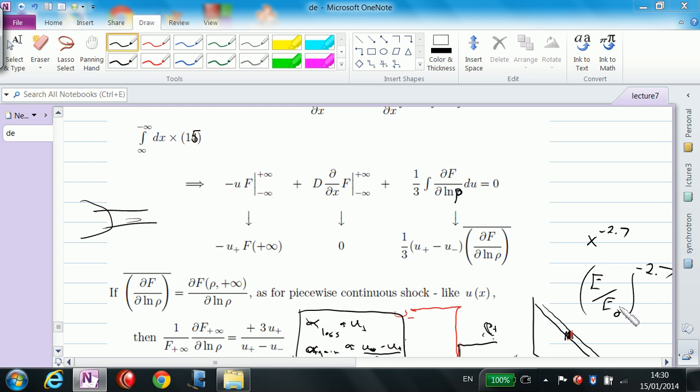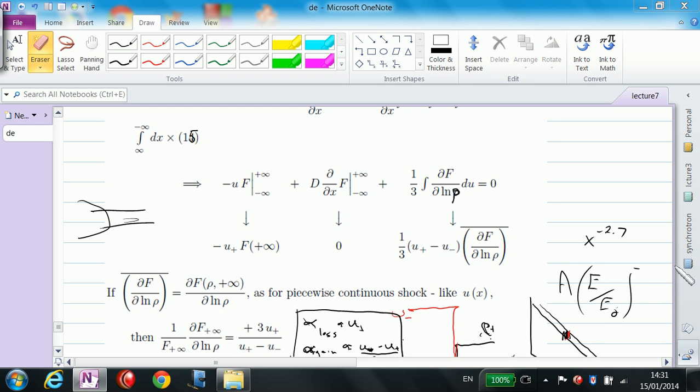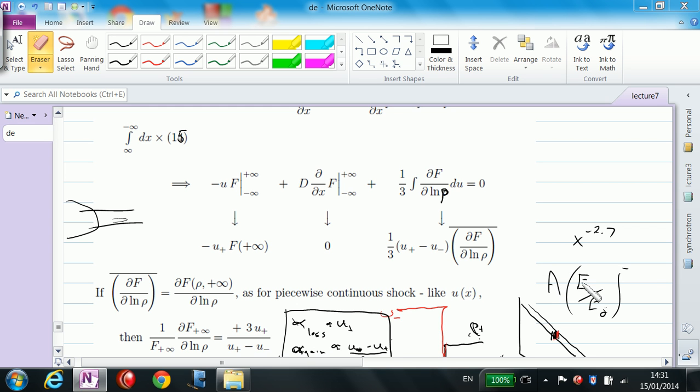But the point is, there's no way to pick this E naught, because I could pick it however I want and then simply renormalize the coefficient outside. So a power law really doesn't have any energy scale in it. And in order to get power laws, you always look for things with scaling symmetry.